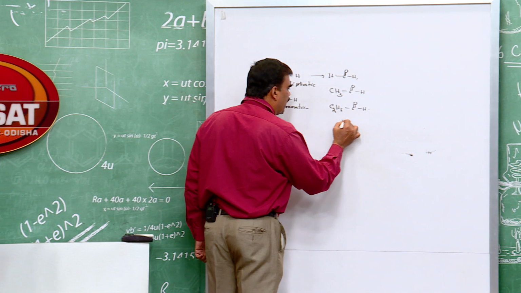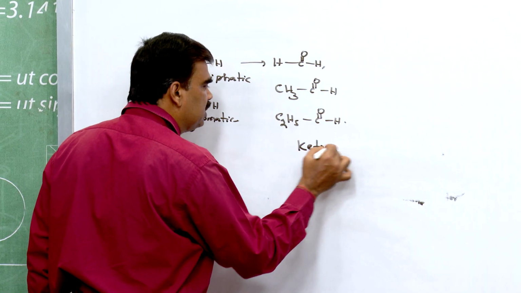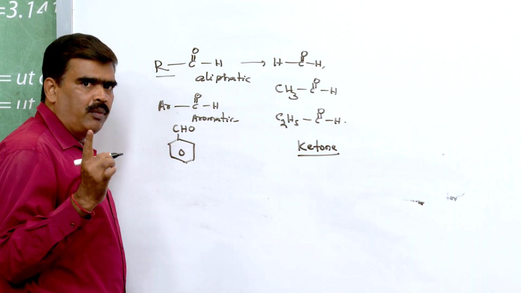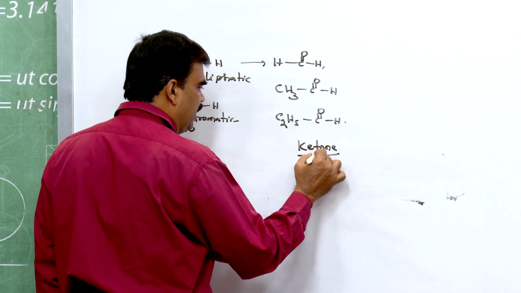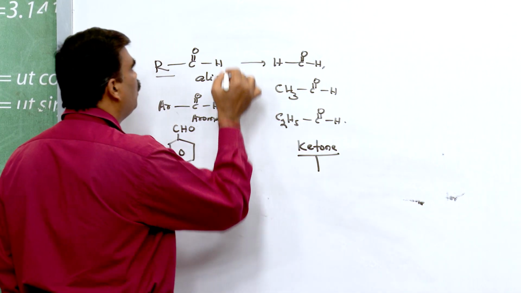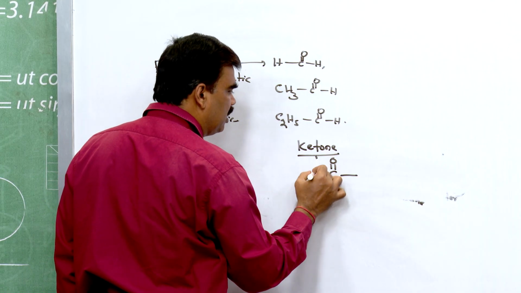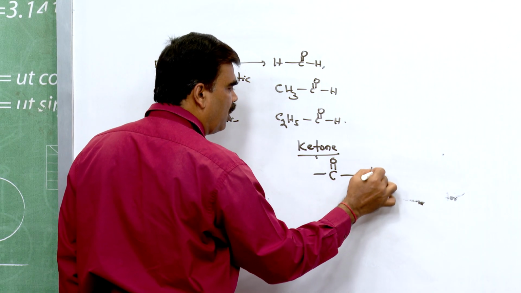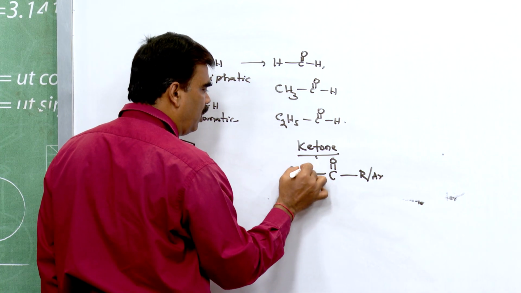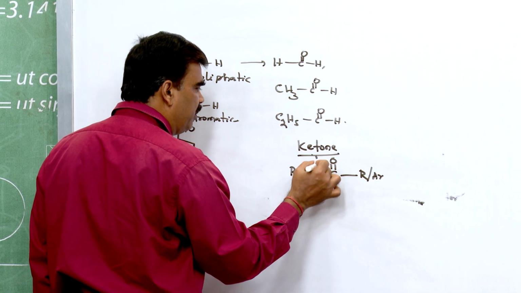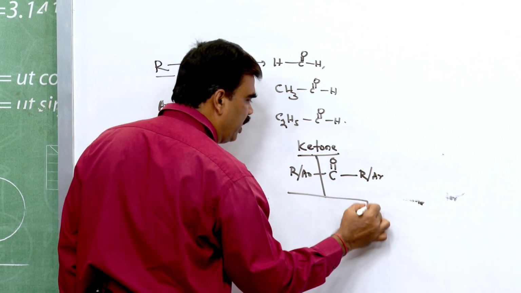Let us talk about ketones. Ketones are the divalent carbonyl compounds in which the carbonyl group is bonded on either side to an alkyl group or aryl group. So ketones can be classified into two categories.